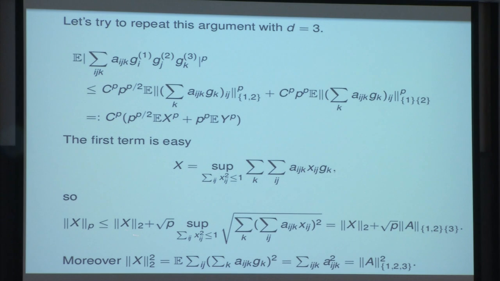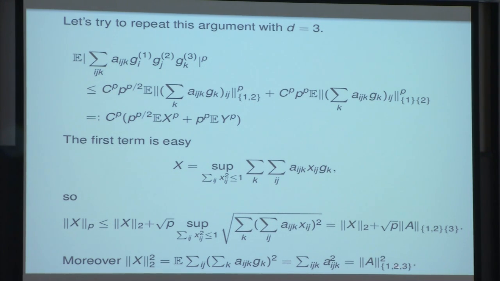Now, what about the second moment of this x? Well, we have a supremum over the ball, so just use Cauchy-Schwarz and calculate the second moment. It turns out that this is the partition norm corresponding to a partition into a singleton, this counterpart of the Hilbert-Schmidt norm. And indeed, please note, when we plug them here in front of this guy, after taking the pth root, we will have p to the power 1 over 2.